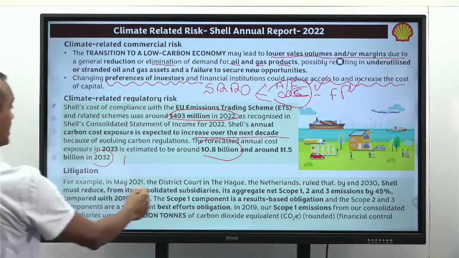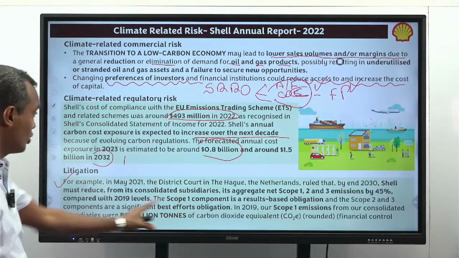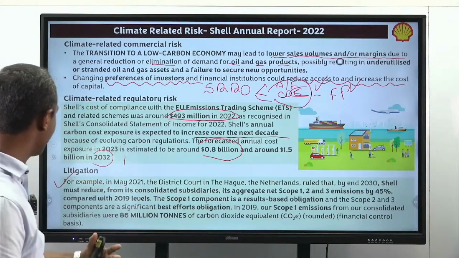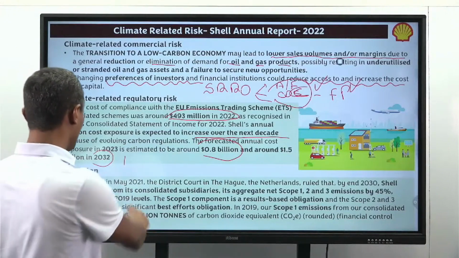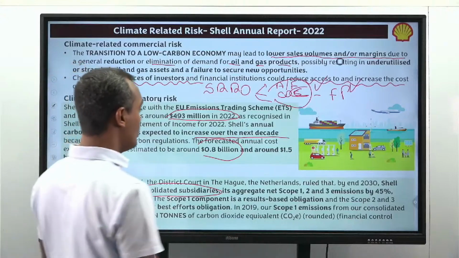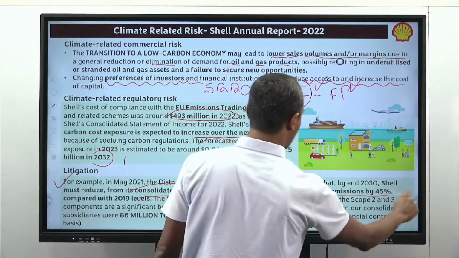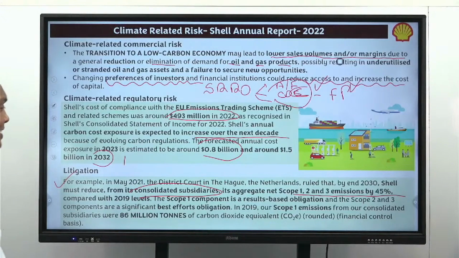And this is litigation. I already explained to you the legal case, and now this is very important because you understand scope 1, 2, 3 now, at least a little, right? So now the court wanted their consolidated emission reduced. Reduce your scope 1, 2, 3 emission by 45%. First of all, you need to understand your scope 1, 2, 3, right?